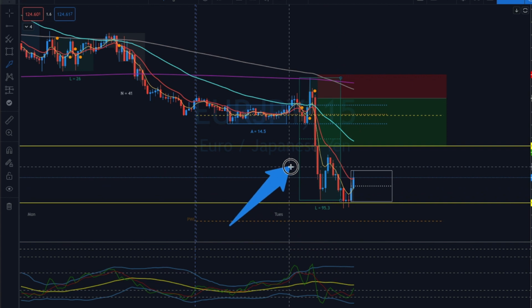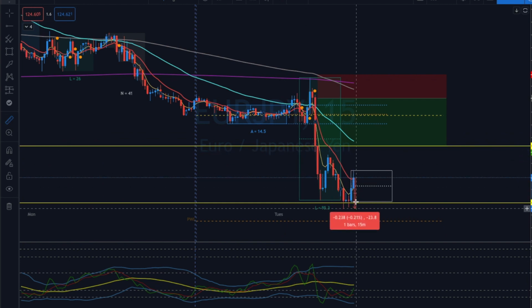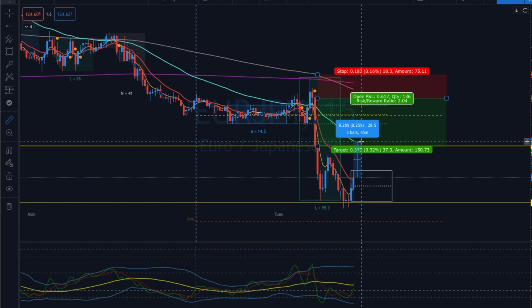Okay. Now, a thing about trading the reversal is that typically the reversal that happens in New York, if it does happen, likes to go to the 50 EMA. So you have to ask yourself, if I take this trade, I'd be risking 25 pips to get 28 pips to the 50 EMA.